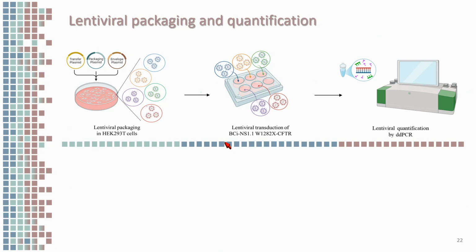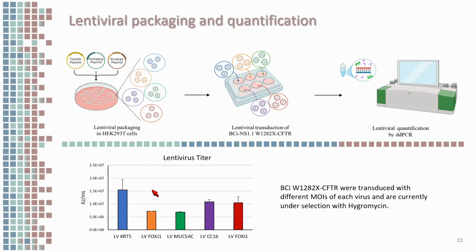We then transfected packaging HEK293T cells to produce lentiviral particles, and after quantification of the particles by digital droplet PCR, we transduced the novel BCI W03 cell lines with different MOIs, and they are now under selection with hygromycin.